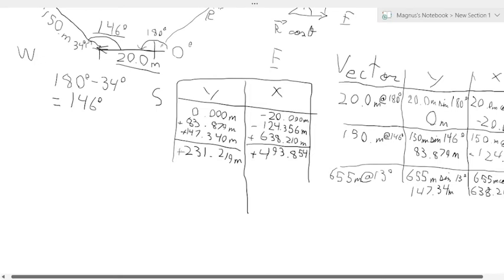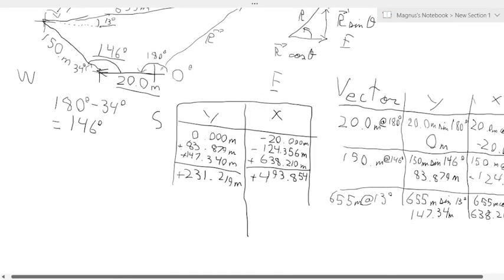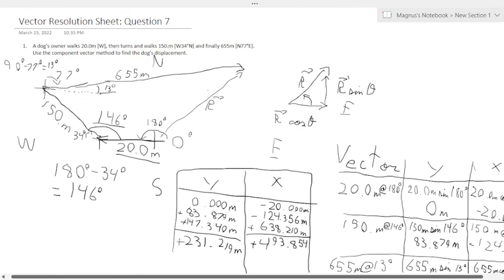And you might be wondering, what did I just calculate? All you calculated is this resultant. You found out how far in the x direction this has traveled after all this movement is done, and how far it has traveled in the y direction in all these vectors. Why is this important?